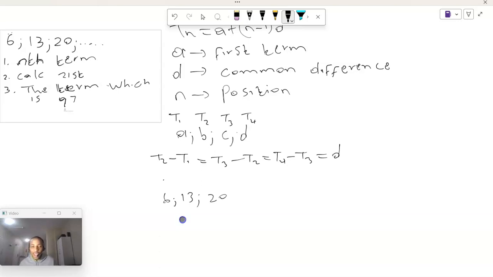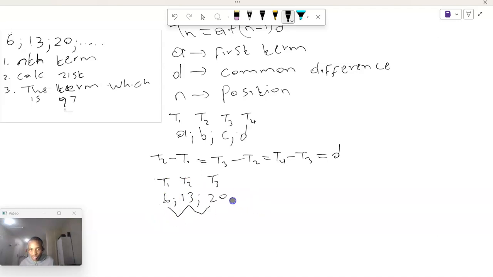If you have a common difference which is constant, that means our sequence is an arithmetic sequence. Here 6 is our first term, T1, 13 is our second term, and 20 is our third term. To find the difference, we just say T2 minus T1 and T3 minus T2.